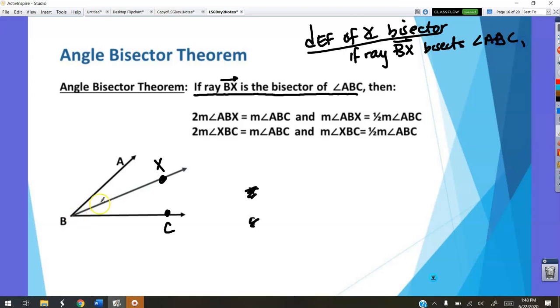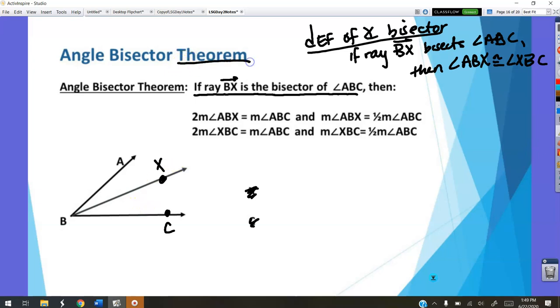If it bisects it, the definition would say that the 2 parts on either side are equal. So angle ABX, which is this angle, is congruent to angle XBC, the other side. The definition says the 2 parts on either side are equal, just like the definition of a midpoint.